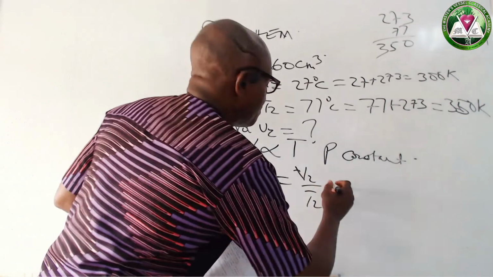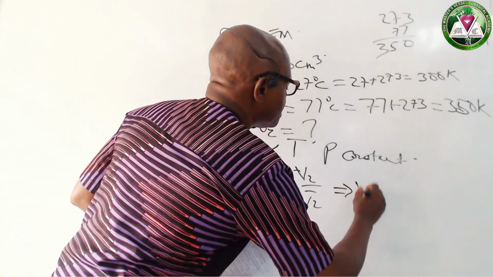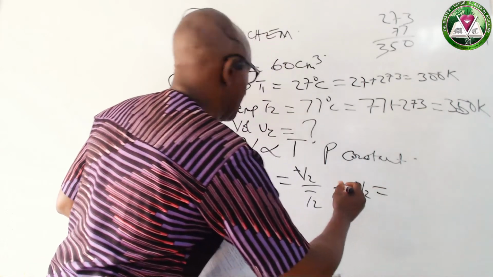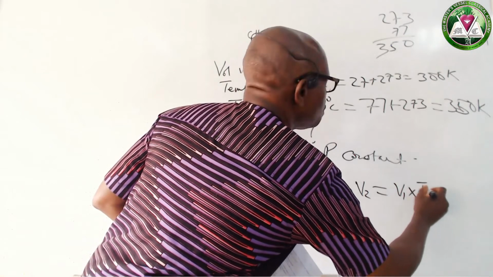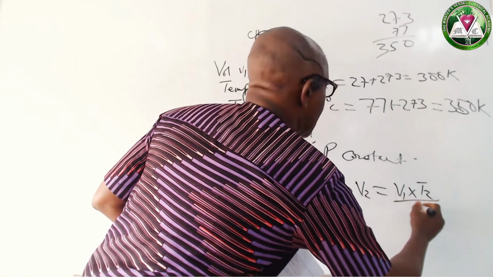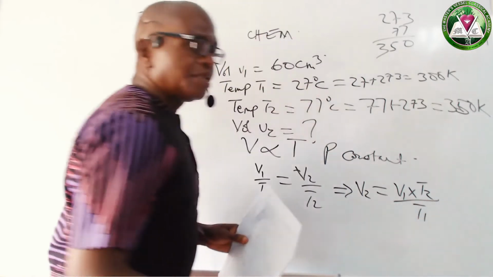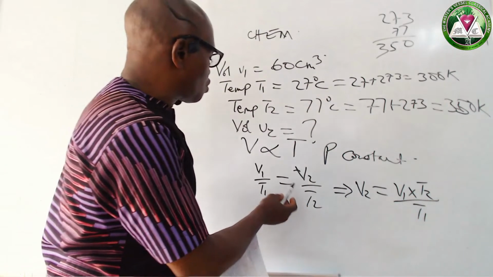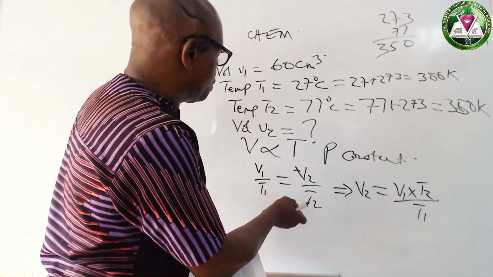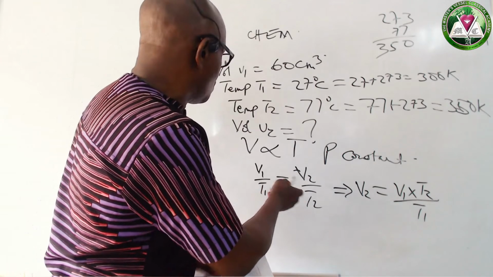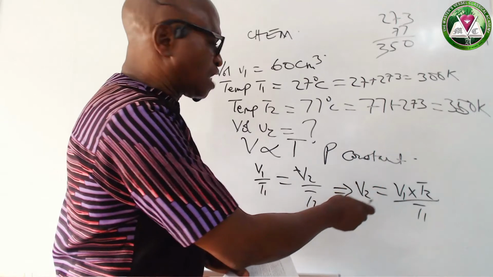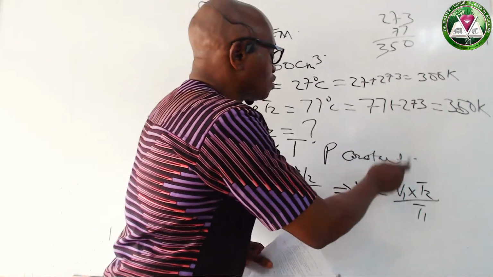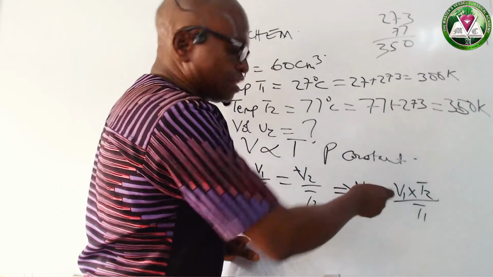If you look at the board, you cross multiply: V1 times T2 equals V2 times T1. Then V2 becomes V1 times T2 divided by T1.